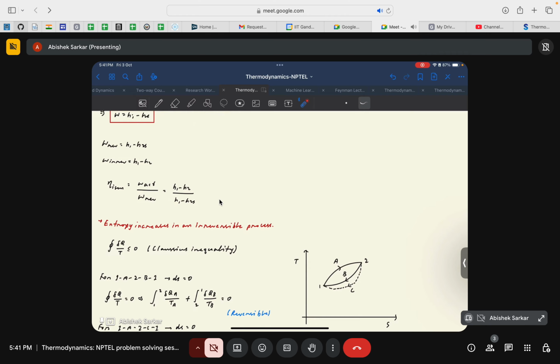But it's something that you can intuitively try to understand yourself. Think about why irreversibilities always increase the entropy and not decrease the entropy. There has to be some reasoning behind that.